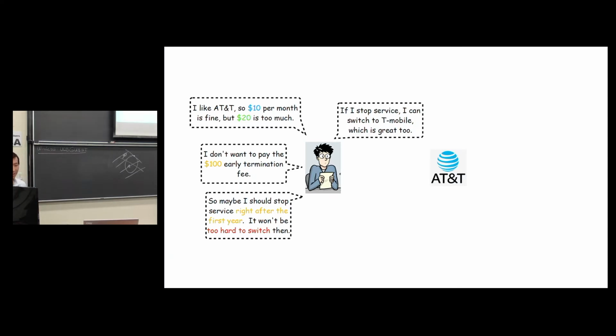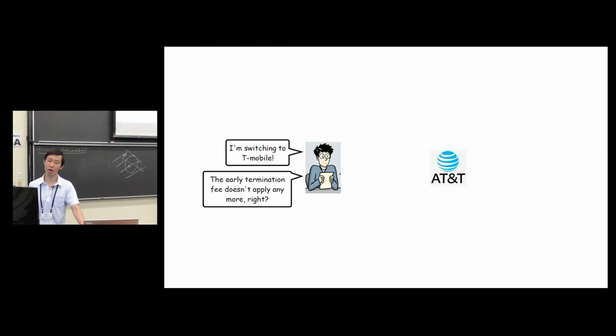So maybe the most sensible policy is to sign the contract right now, stay for exactly one year, and walk away right after that. And after one year, the customer walks away. It's not the most ideal situation for the carrier.